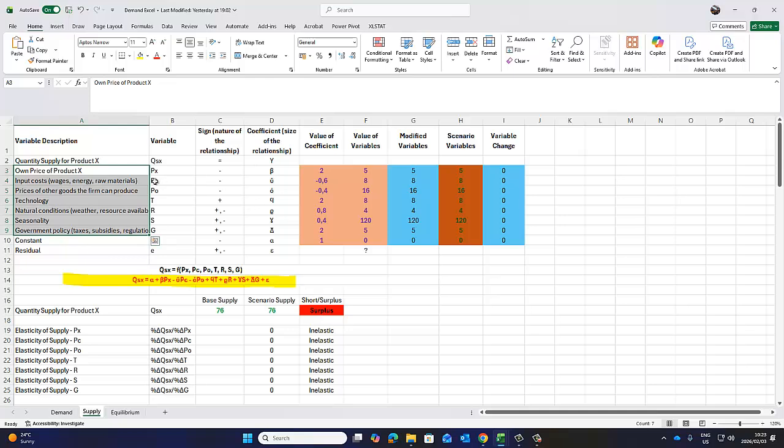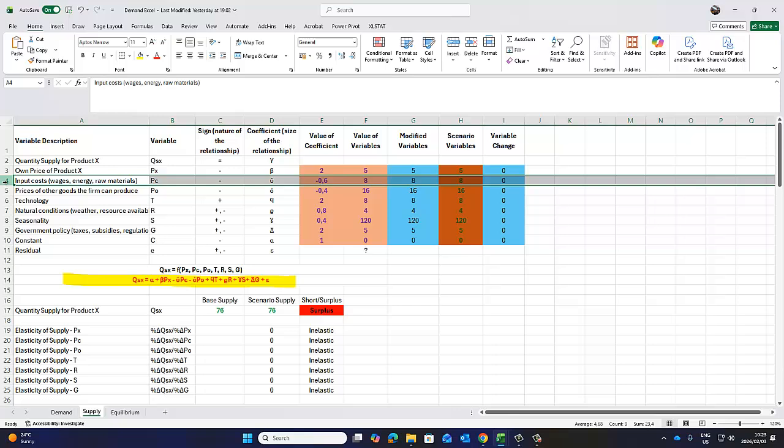Okay, so first one obviously is the own price of product X. So quantity supplied is a function of the own price of product or service X. Input costs are obviously a major important variable. What I actually should do is break this input cost up into wages, energy, and raw material, but for now, we just have it as input cost as such.